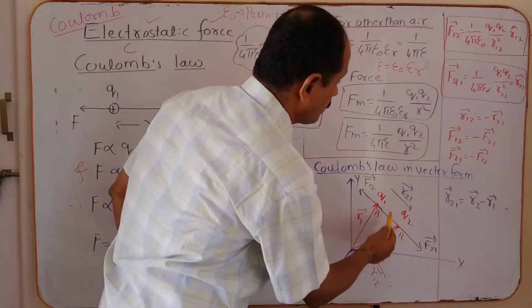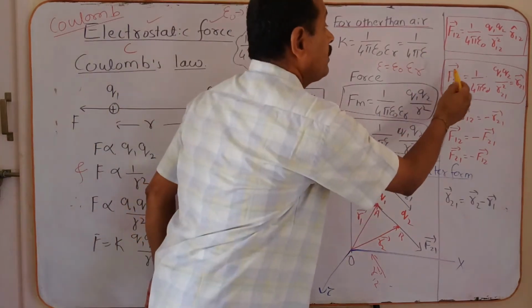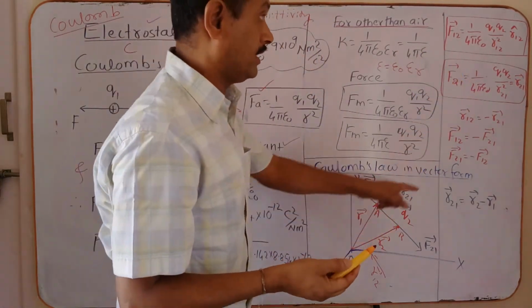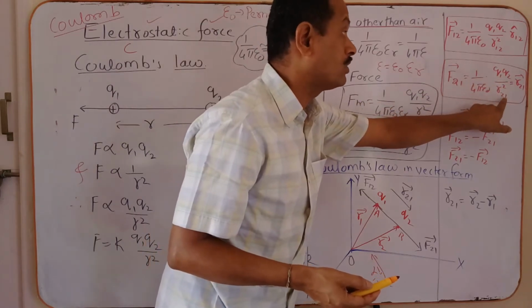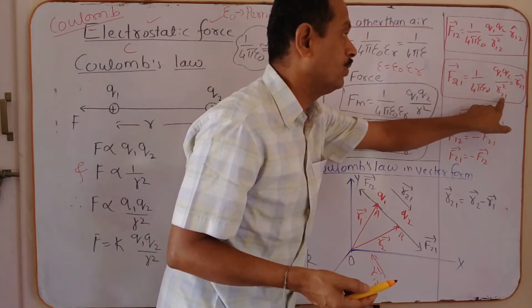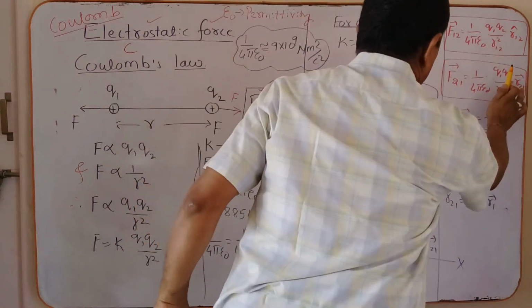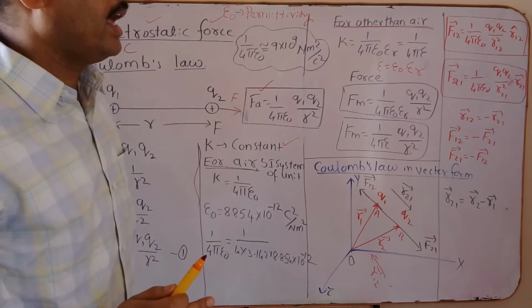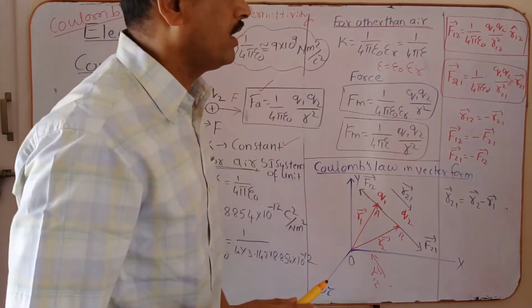This is F12, force acting on Q1 by Q2. Force acting on Q2 by Q1 is 1 upon 4 pi epsilon Q1 into Q2 upon R21 square into R21 cap. Here R12 is equal to minus R21.